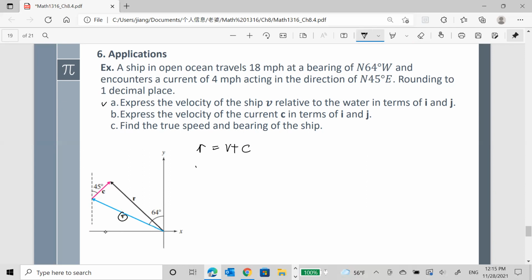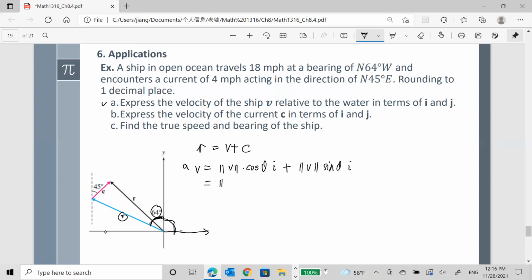So v can be represented as the magnitude of v times cosine theta i plus the magnitude of v times sine theta j. What is theta? They gave you the bearing, 64, but theta starts from the initial line, so the 64 needs to be added to 90 degrees.